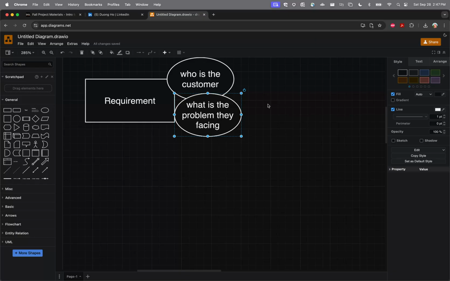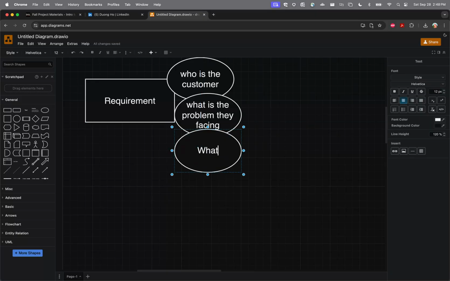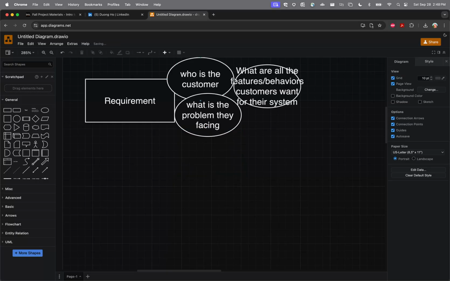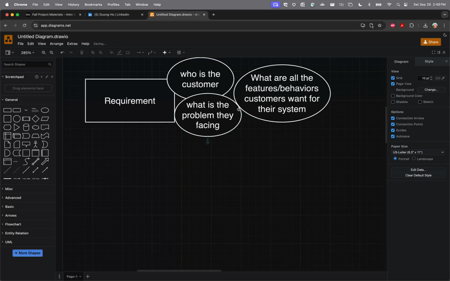The next thing is what are all the features or behaviors the customer wants for their system, right? These things are usually in the system requirement.